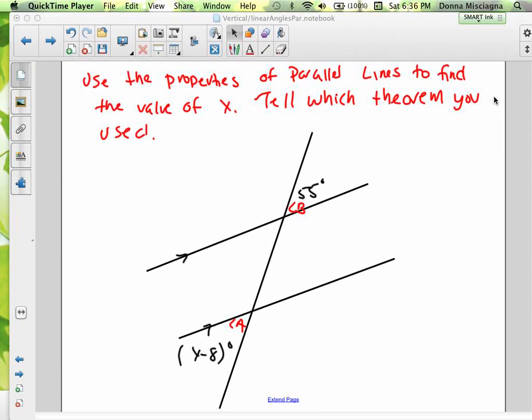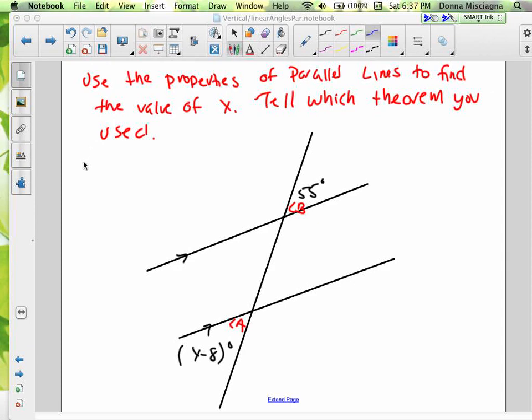And the very first thing you should note is what kind of angles we have. Notice they're on the outside of the parallel lines. We know they're parallel because they're marked parallel. Opposite sides of the transversal.